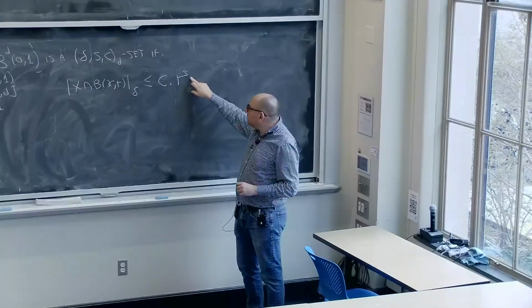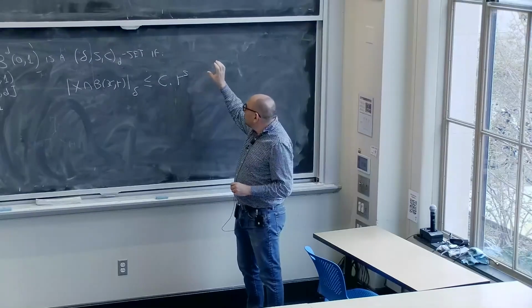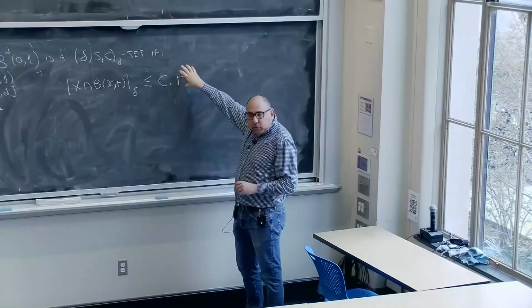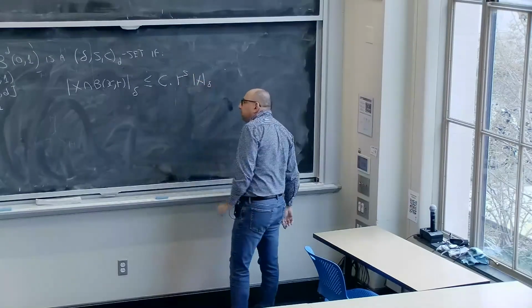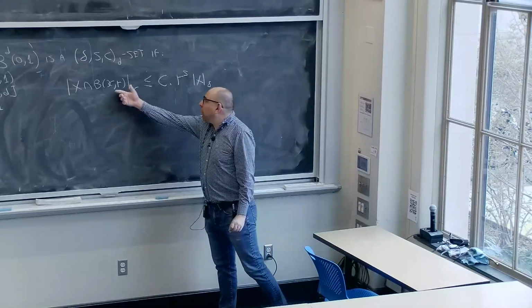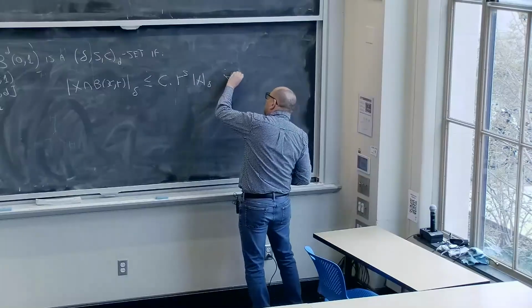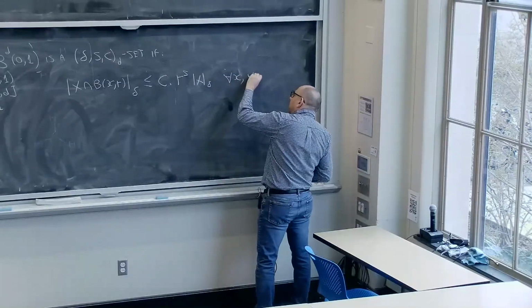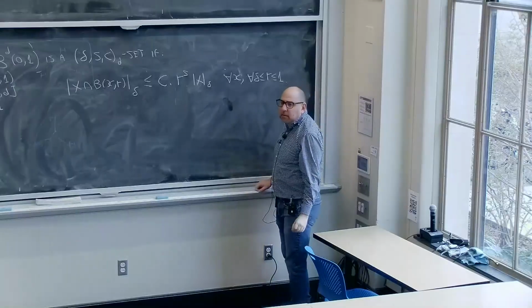So the larger the s, where r is going to be between delta and 1, the smaller this is, and the stronger this condition becomes, times the size of X. So again, this says that a ball cannot contain too much of X. And this is for every center and for every radius between delta and 1.